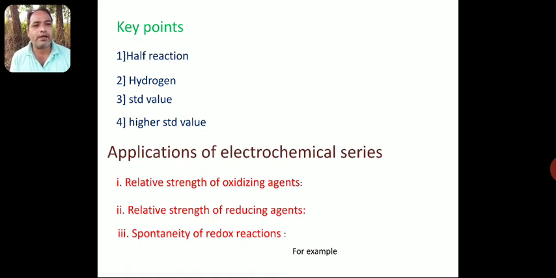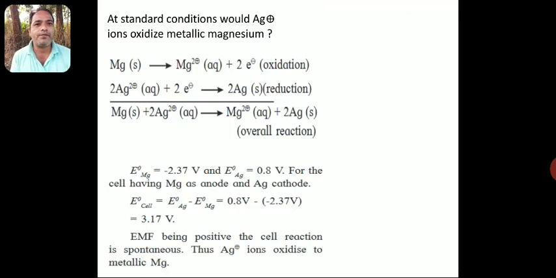We will see an example. At standard conditions, would Ag+ ions oxidize metallic magnesium? So this is the question. Consider the reaction: Mg gives Mg2+ plus 2 electrons, that is oxidation, loss of electron takes place.